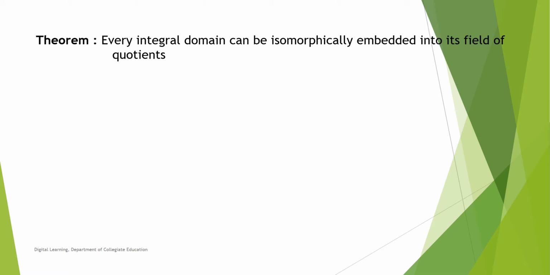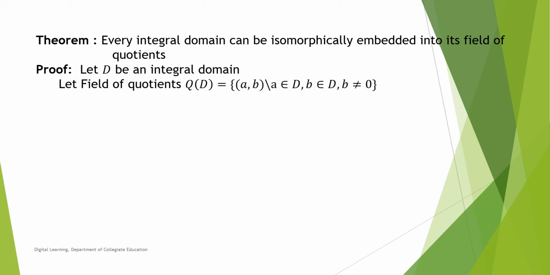Theorem: every integral domain can be isomorphically embedded into its field of coefficients. Proof of theorem goes like this. Let D be an integral domain.